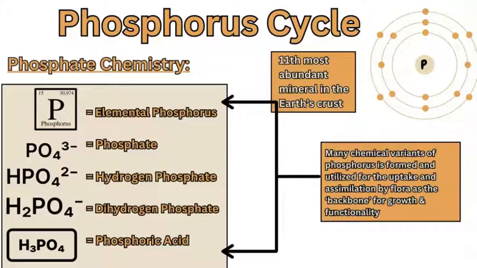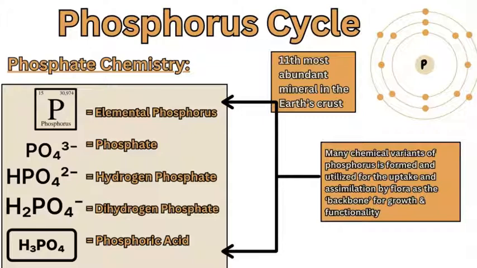So plants and vegetation require this element, but it is also a limiting factor because it exists in small quantities. If the quantity is too high or too low, it can affect the growth and quality of vegetation and the soil. And phosphorus comes in different chemical variations in the cycle.